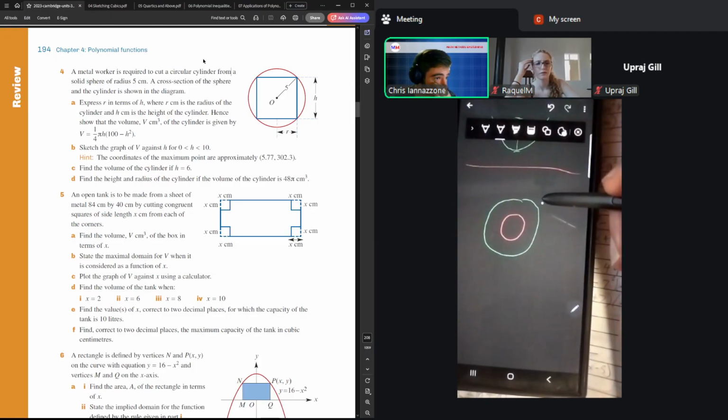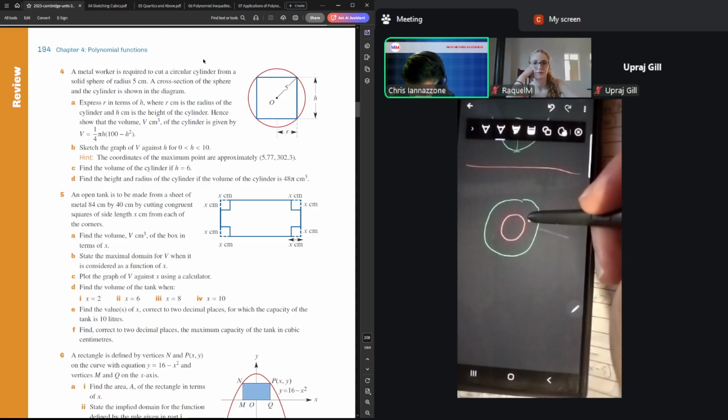And then the cross section of the sphere and cylinder.